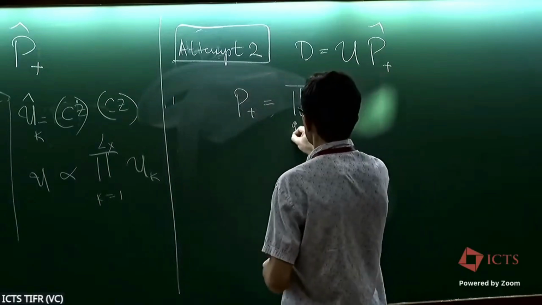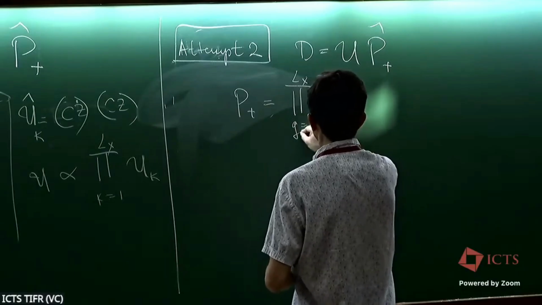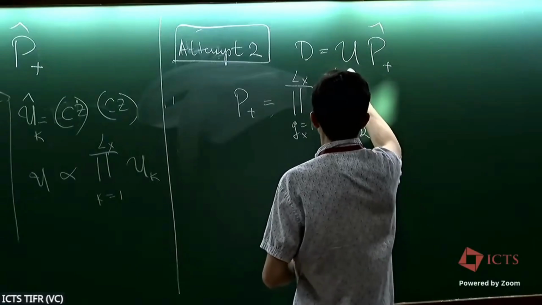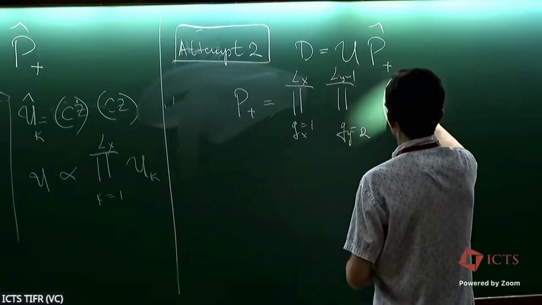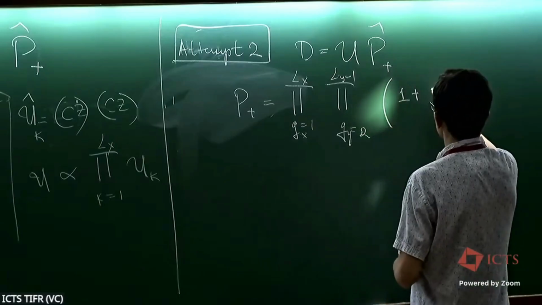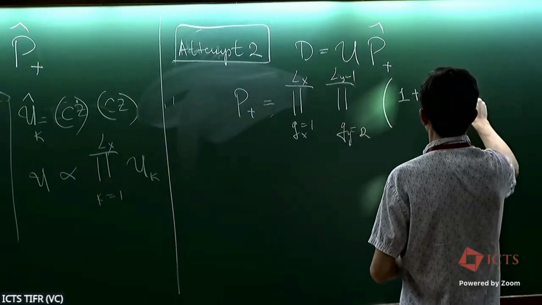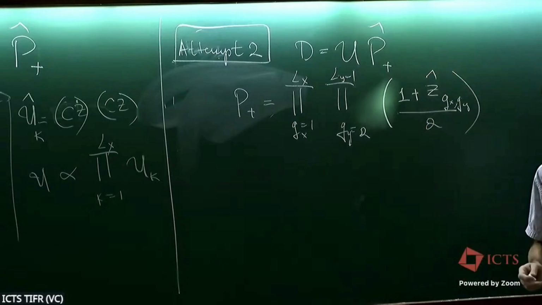And these ancillas go something like from 1 to Lx, and there is Qx and Qy from 1 to Ly minus 1. And what this is, it's something very similar. It's 1 plus the corresponding Z at the corresponding Qx, Qy, over 2. Okay? And these are my extra ancillas.